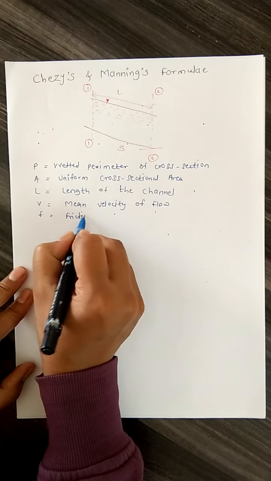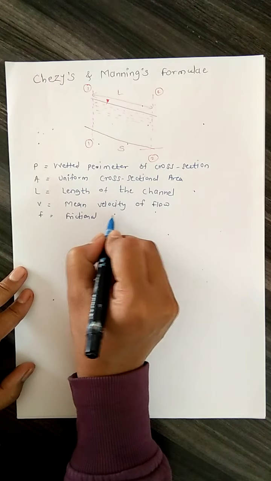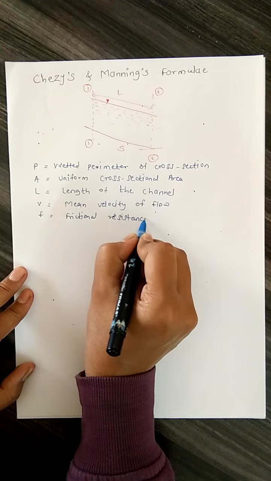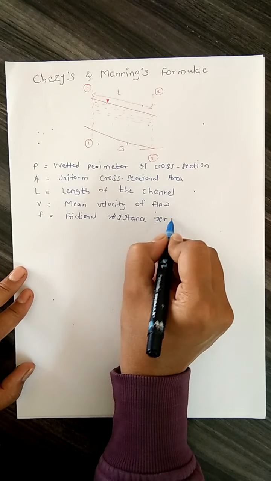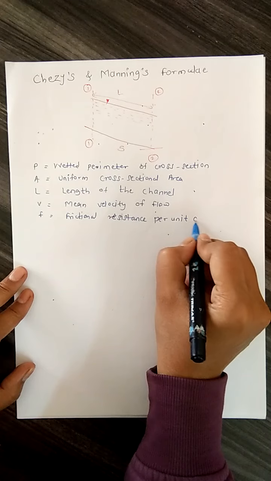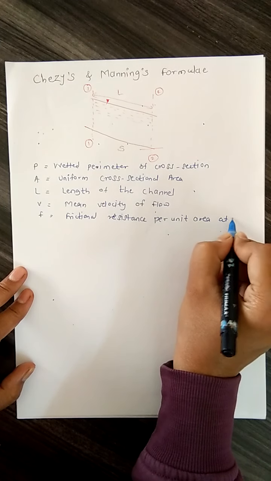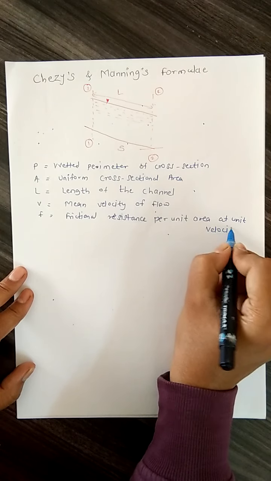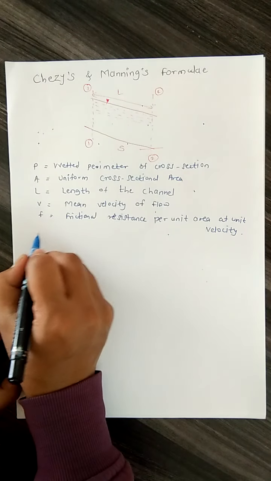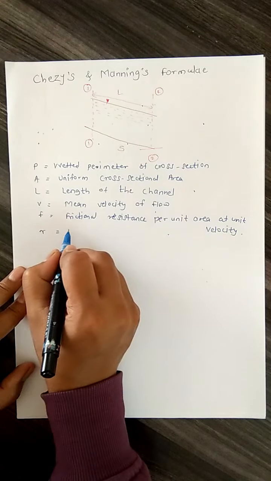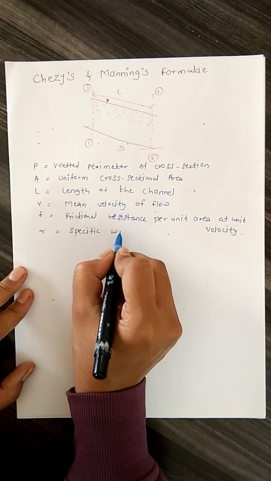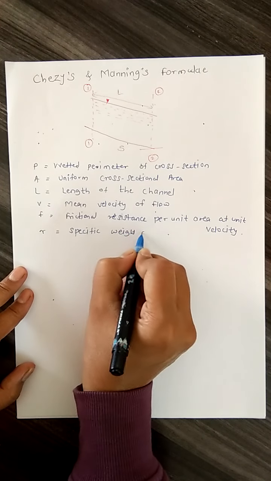So we write here frictional resistance per unit area at unit velocity. Now gamma is the specific weight of water.